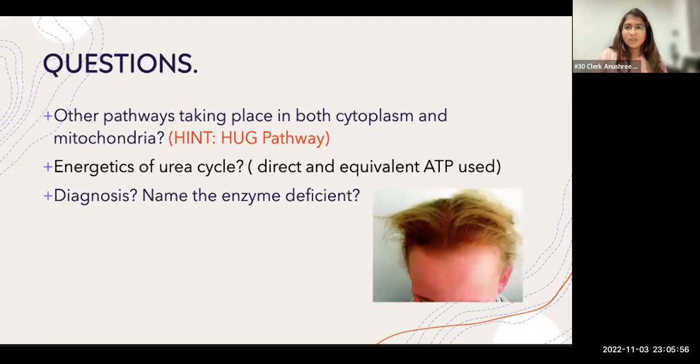What are the other two pathways that take place in both the cytoplasm and mitochondria? Always remember, hug requires two people. One person is cytoplasm and one is mitochondria. So here U would be the urea cycle. What is H and what is G?